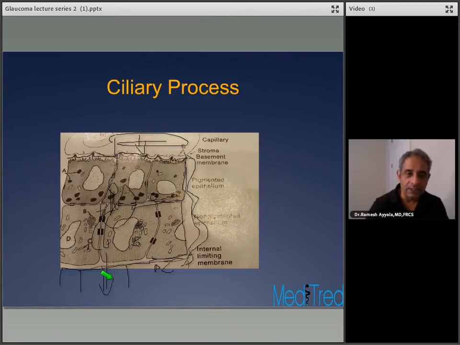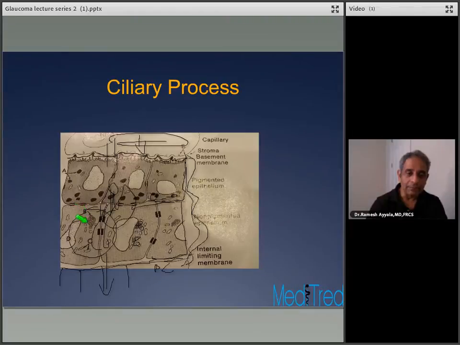So the assumption is that there's ultrafiltration from the capillaries into the stroma and the epithelial cells. There's some active secretion going on of sodium, potassium, ascorbate and other structures, bicarbonate, in the non-pigmented epithelium.